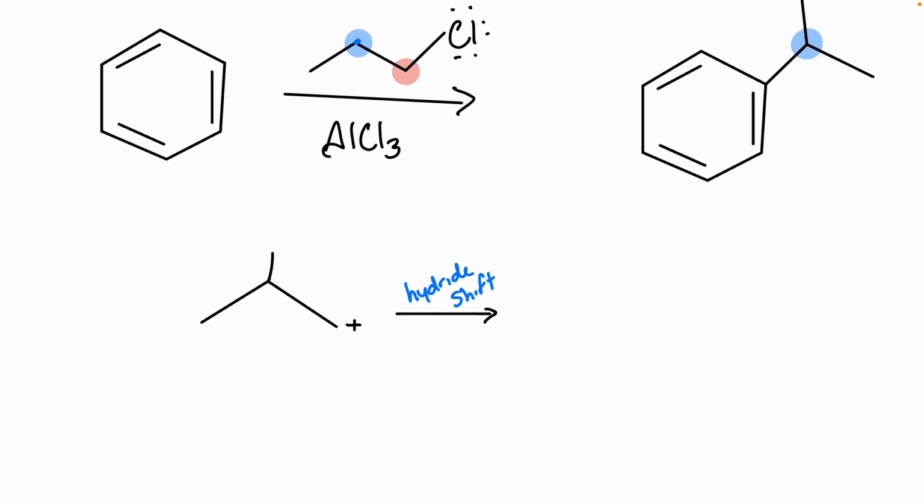If we want to draw out our full mechanism for a hydride shift, that's where this hydrogen and its pair of electrons jumps over.